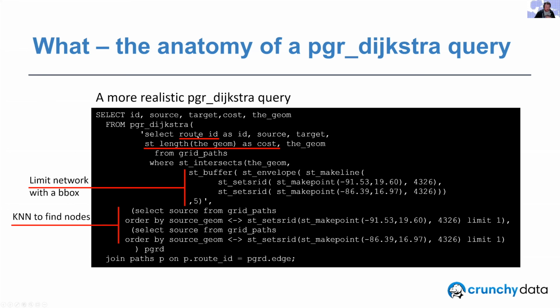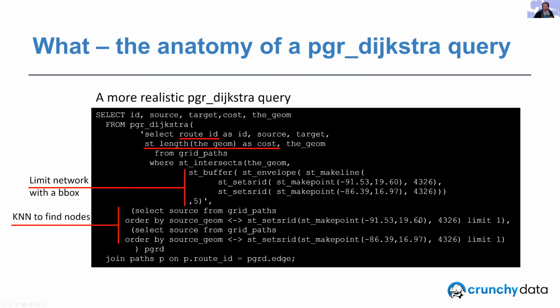The other call outs here: rel ID as ID, because my column name isn't the same, I need to change it. And I don't have a cost associated with my table. So I am creating a cost table on the fly and just using the length of each of those line segments as the cost. And lastly, because I'm looking for an ID over here, I want to use the k nearest neighbor algorithm, and this is what this operator down here is, to pick the closest point to the one that I know is a physical point.